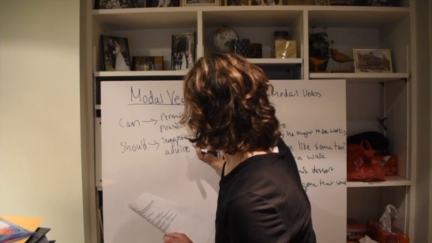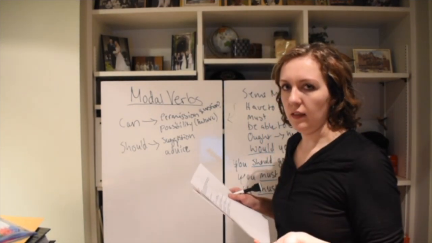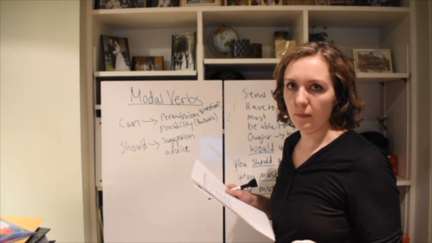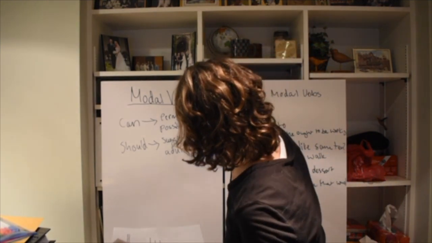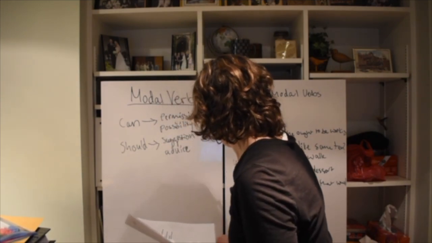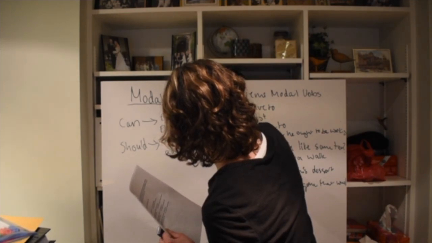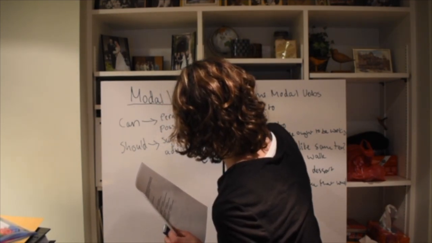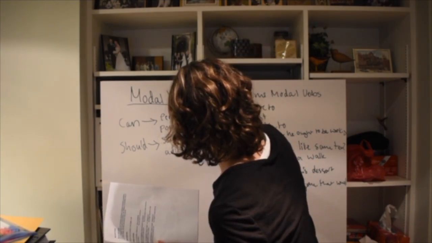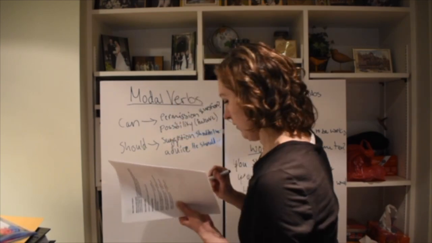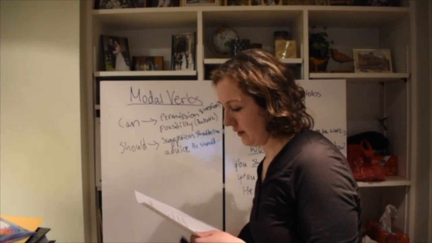So if you wanted to use it for advice, you would say he should get up tomorrow and do his homework. So that's good. Let's put a little example down here. Shouldn't he? And then he should, etc.